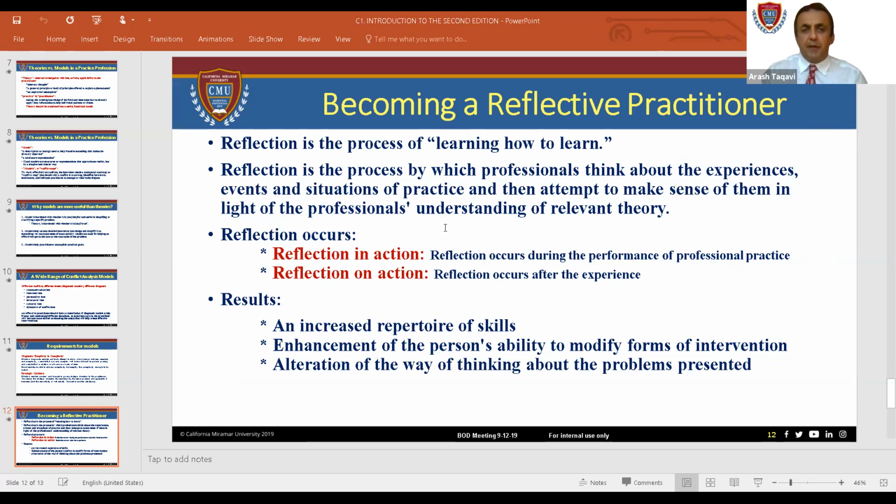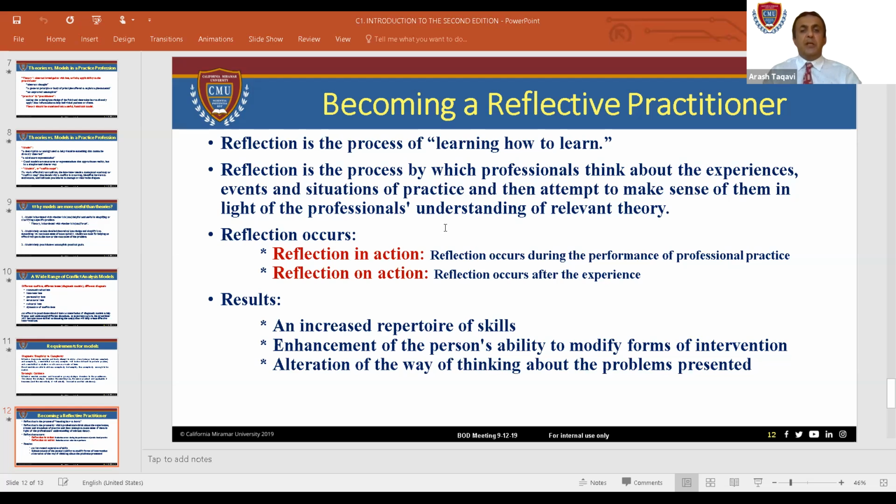We have two types of reflection: reflection in action and reflection on action. Reflection in action occurs during the performance of a professional practice. During the performance, you have reflection in action. After ending the performance, you have reflection on action.